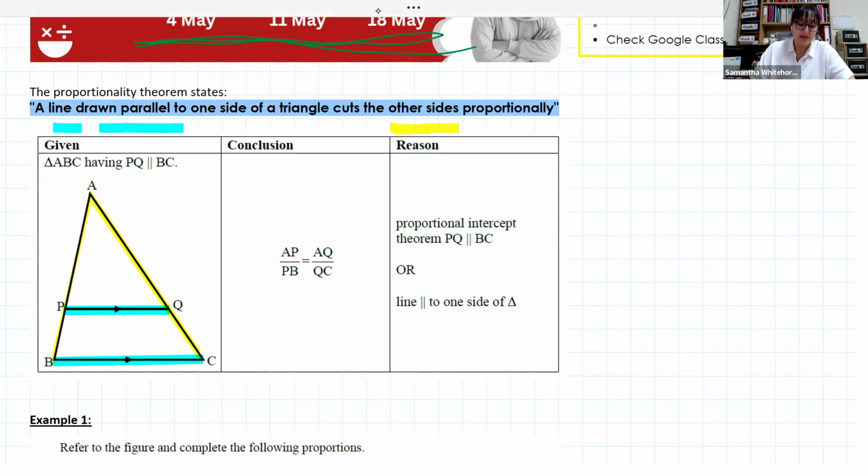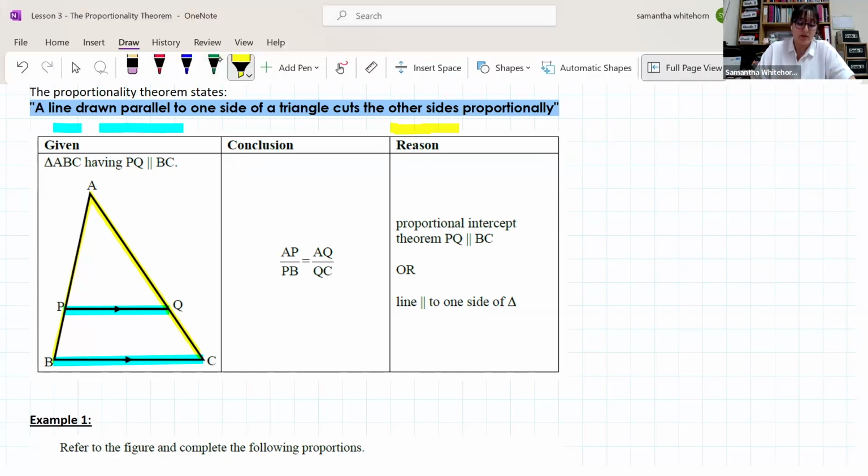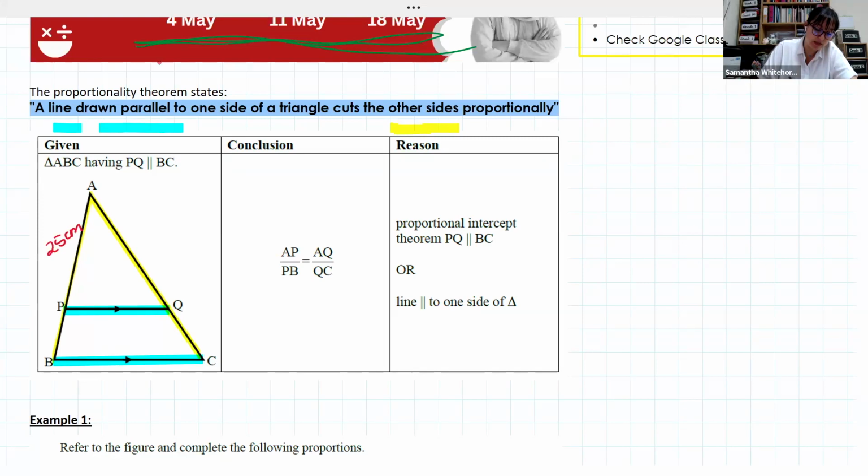The second thing that we need to understand is, well, that's great. What does proportion mean? So, for example, if I told you that this was 25 centimeters and this was 5 centimeters, I'm just going to make it up. So 25 and 5.